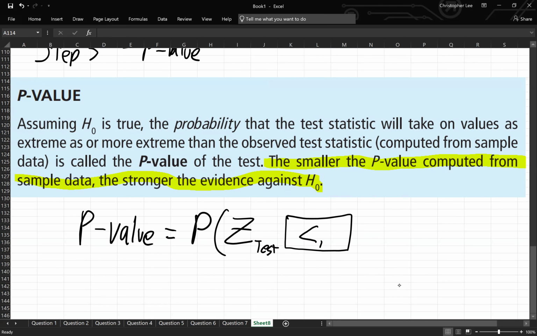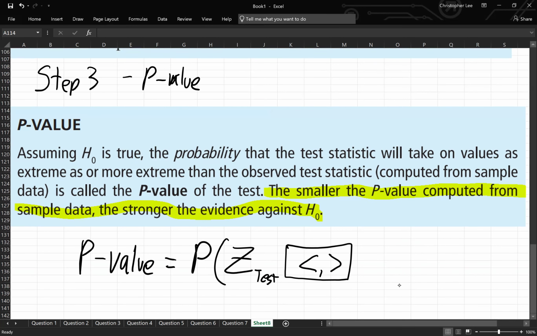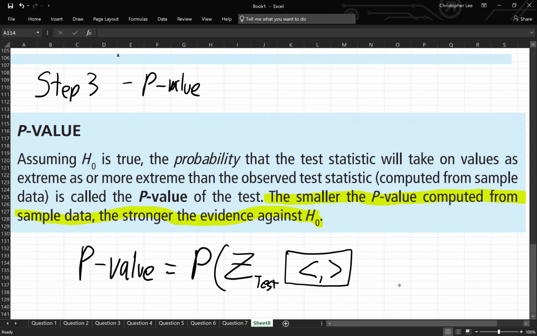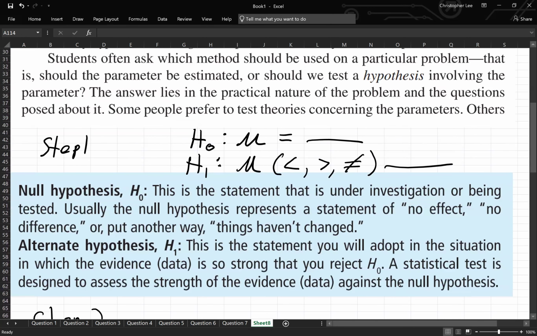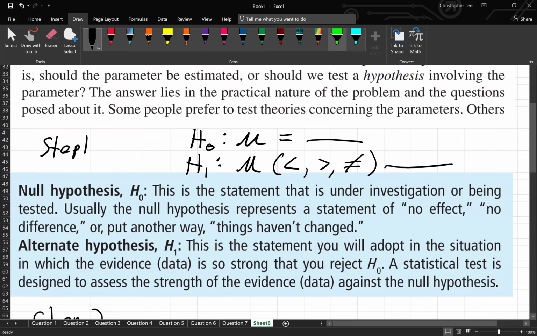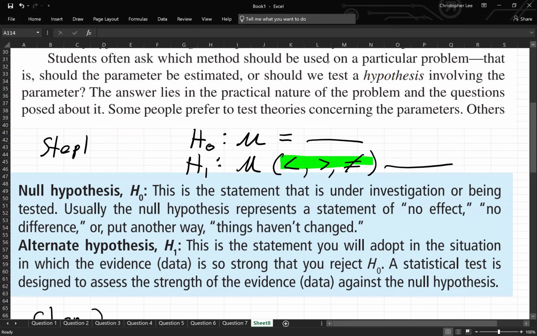It's going to go there, right? And how do I know what's going to go in that box, the greater than or the less than? It will be the exact same sign as your alternative hypothesis, right?